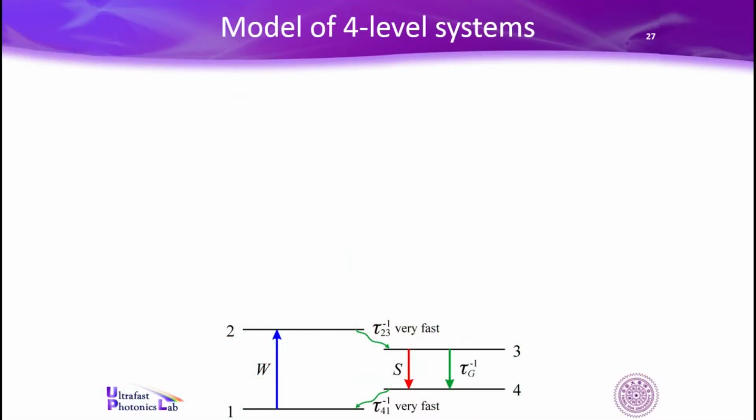Then we need to do some mathematics. For simplicity, I only talk about 4-level systems. This is the energy diagram of a 4-level system. Level 1, the ground state. Level 2, level 3, level 4.